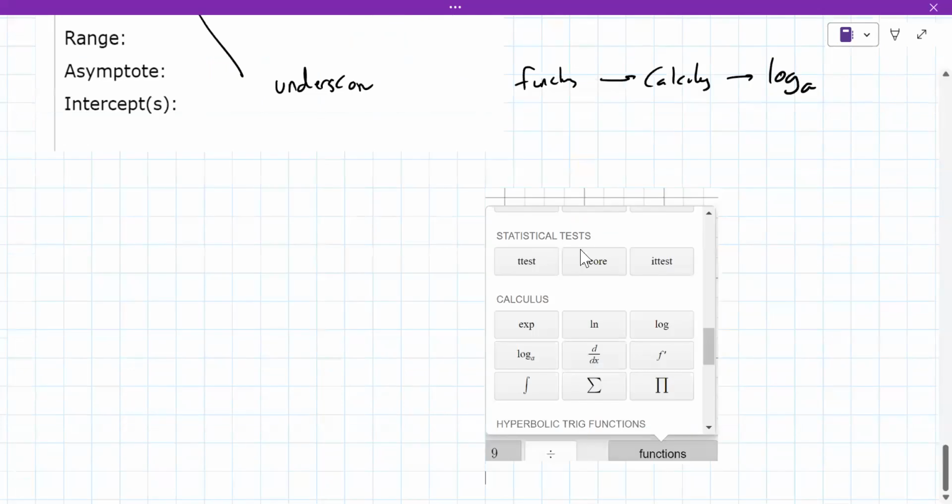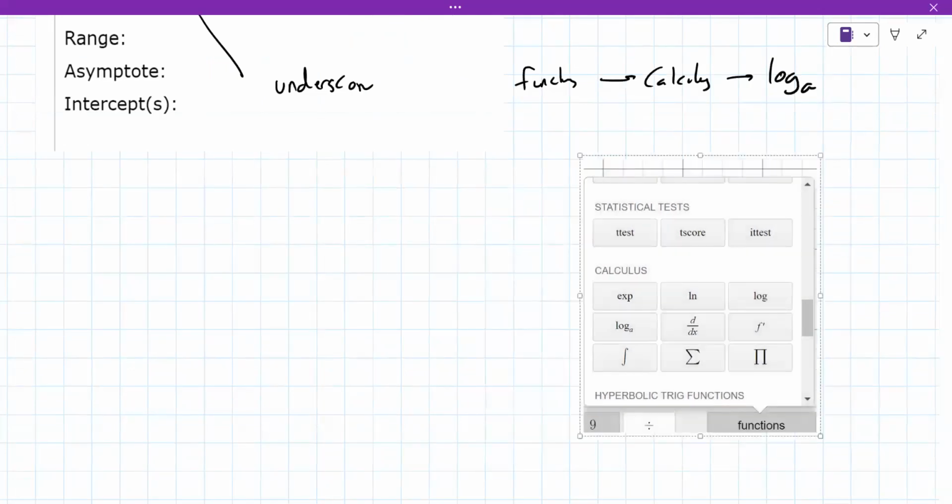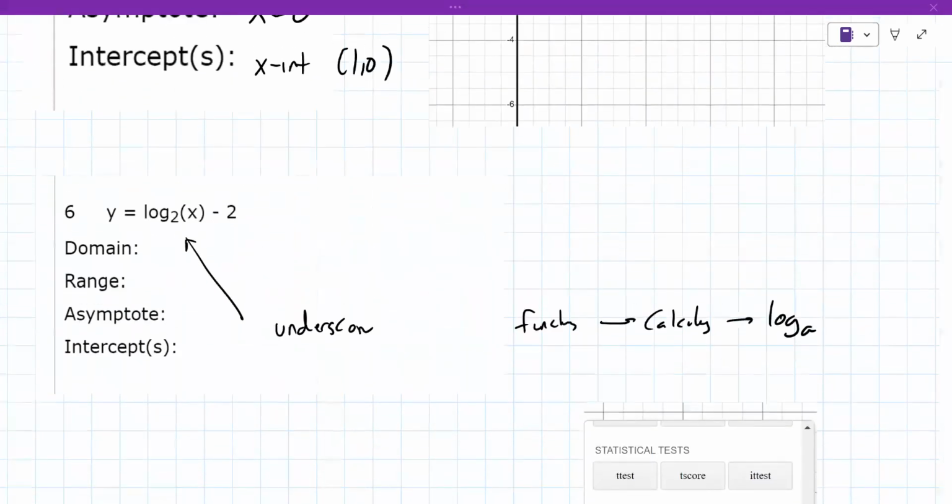Yeah, I see it right there. Okay, I got the graph.